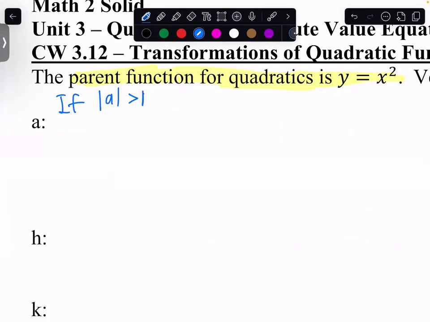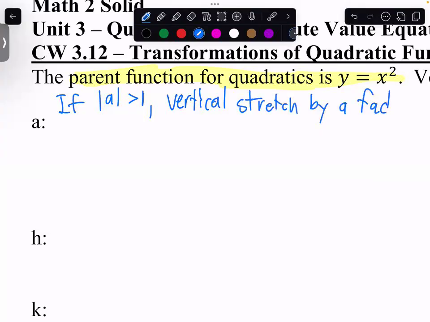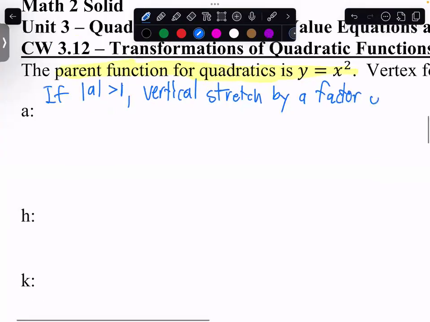Okay, so if the absolute value of A is greater than 1, that means that there is a vertical stretch by a factor of the absolute value of A. Okay, we need the absolute value symbols because if A were -5, you would say vertical stretch by a factor of 5, not by -5.